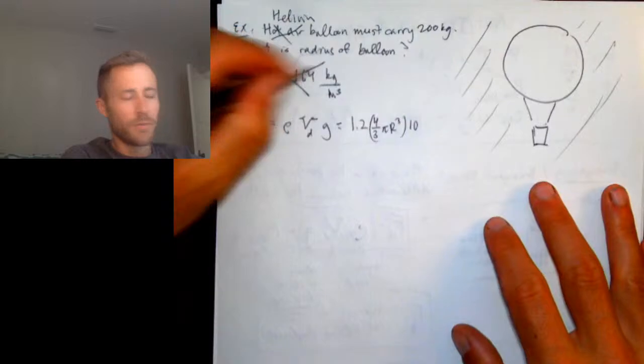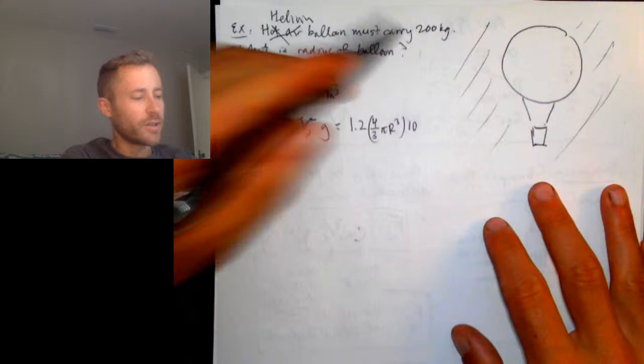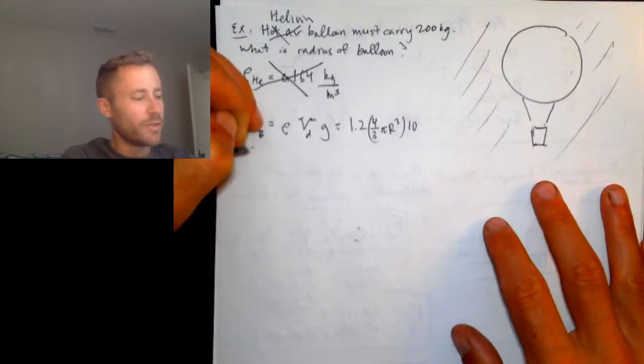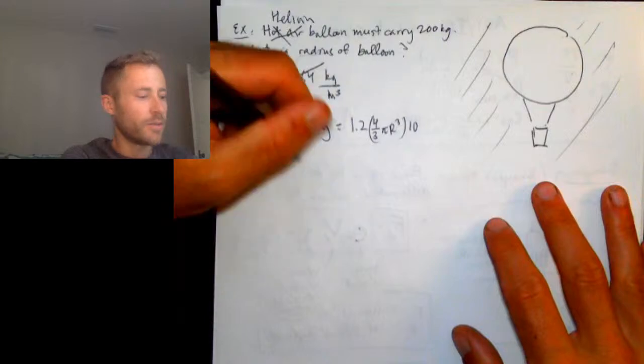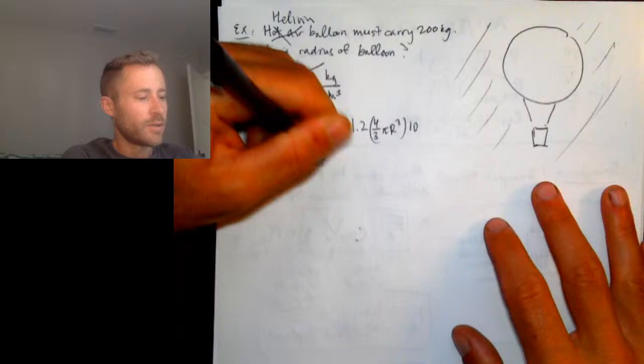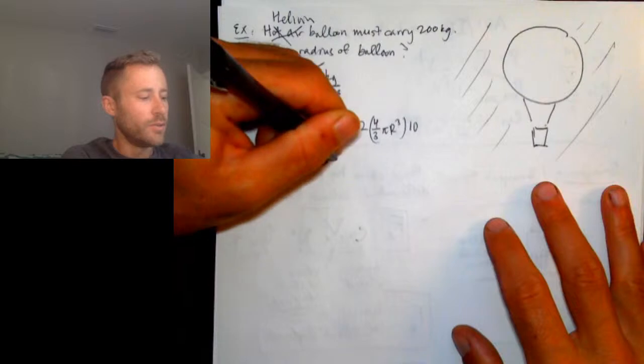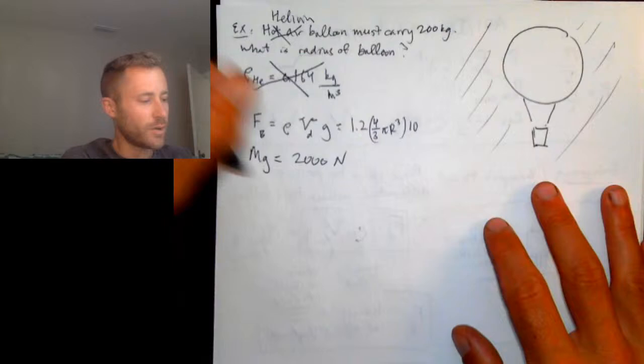The balloon is carrying 200 kilograms. So that means that the weight of the balloon, including the helium inside it, is 200 kilograms. So that's 2,000 newtons, right? Because 200 kilograms times 10 meters per second squared for gravity is 2,000.